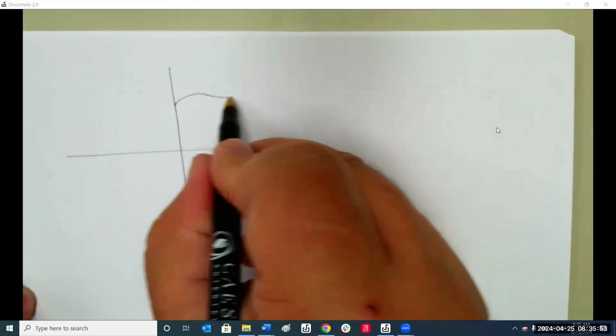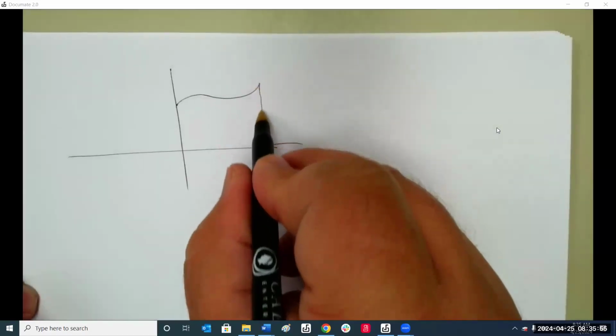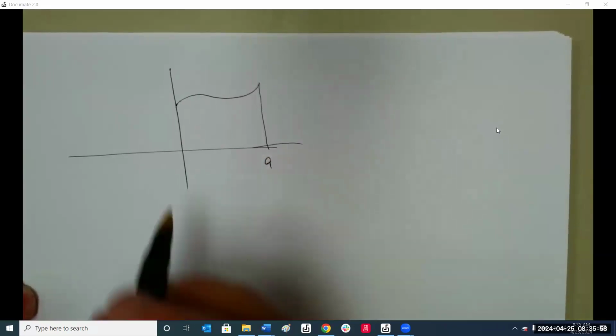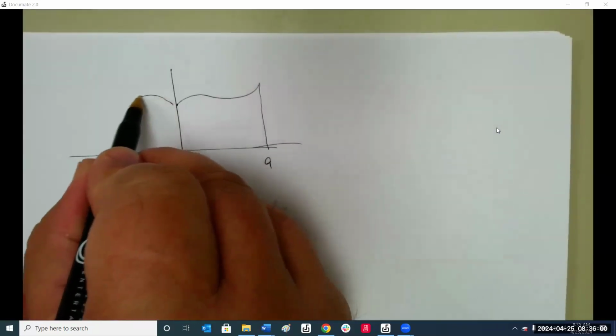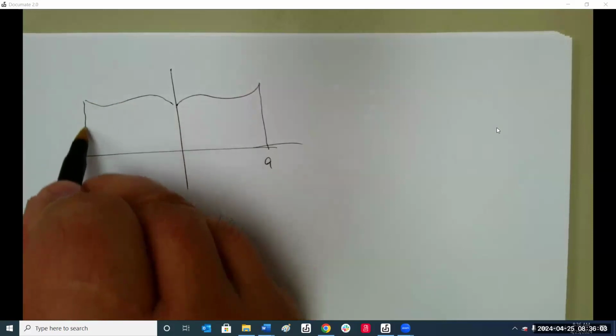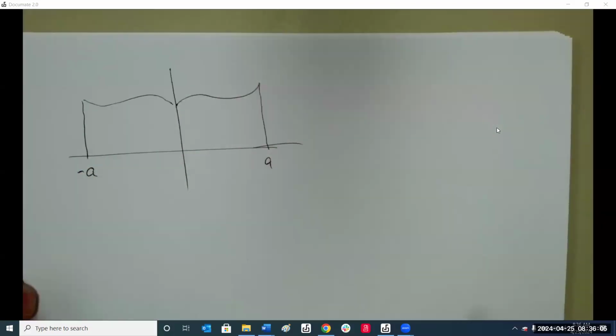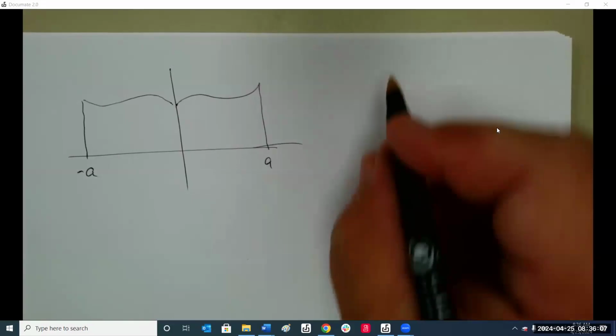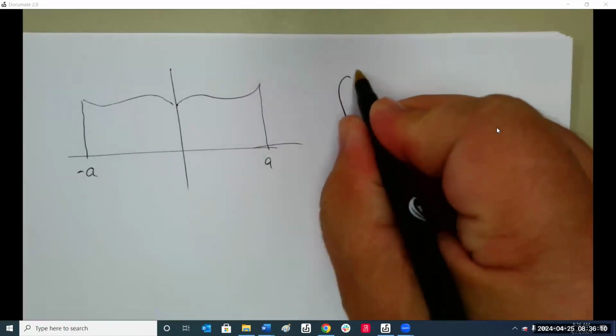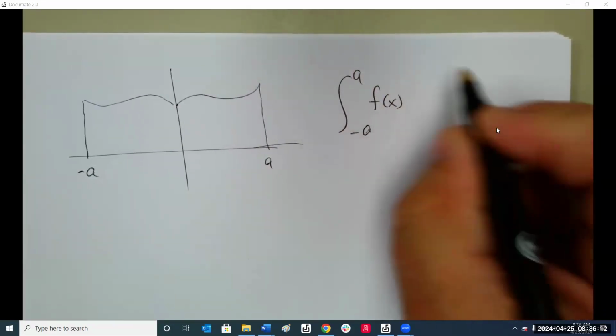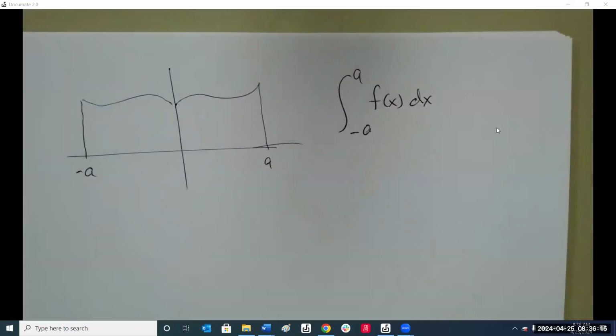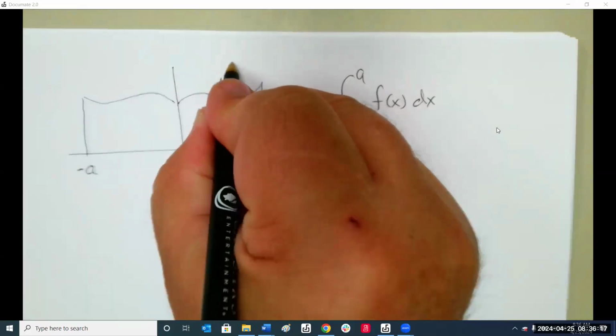So if a function is even, so if I had a function that looks like this, and it goes to a, that means it has to have a symmetrical side on the other side. So if I go from negative a to a, remember, this is my function.